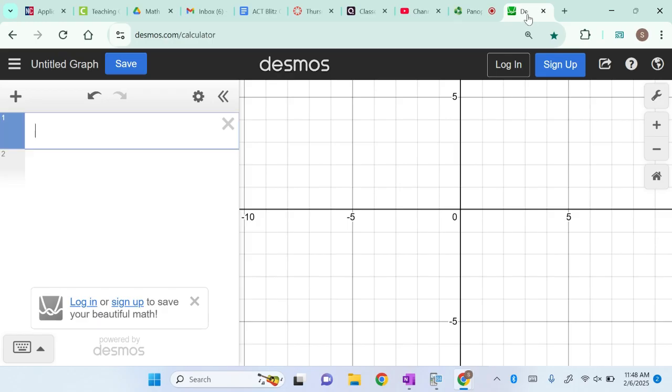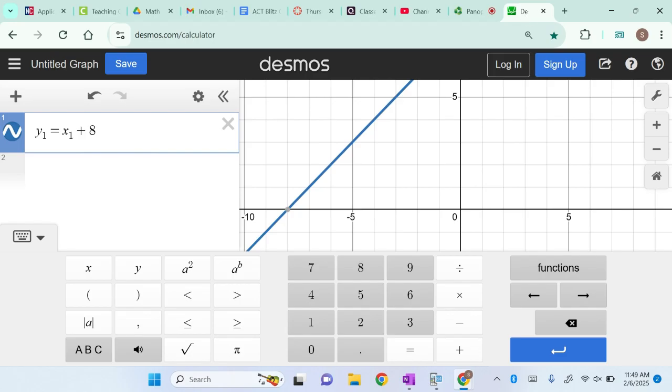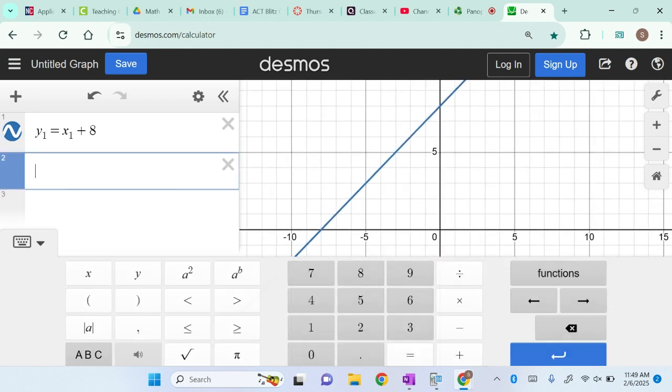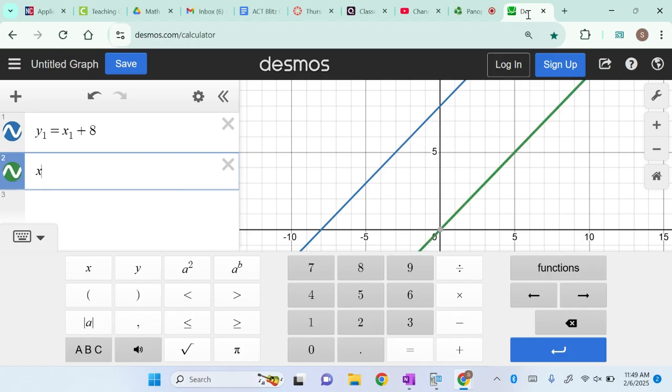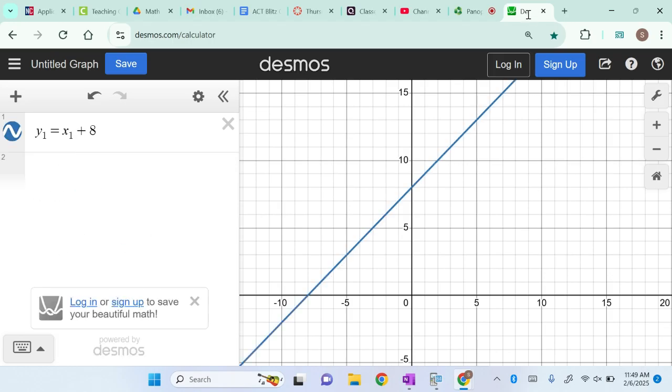If I made this into a graph, I would have y equals x plus 8 for when x is... nope, I can't remember how to do it in Desmos. You can't do it in the graphing calculator either.